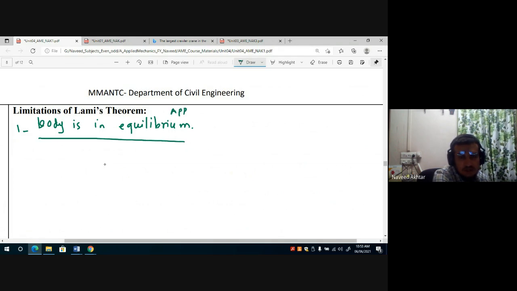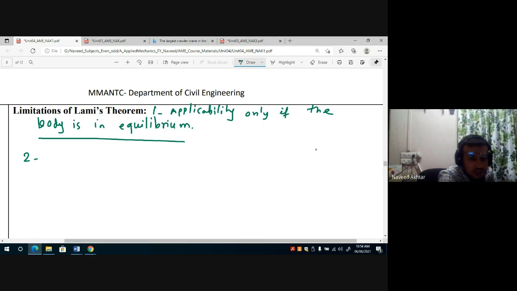So this is the first limitation, and the second limitation is only for the concurrent force system.